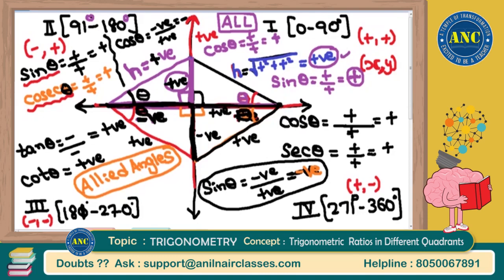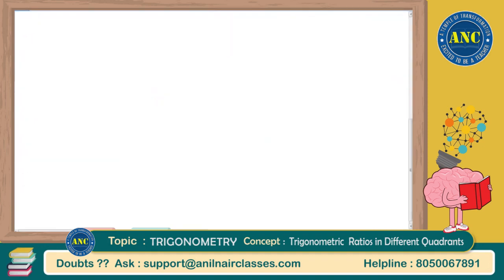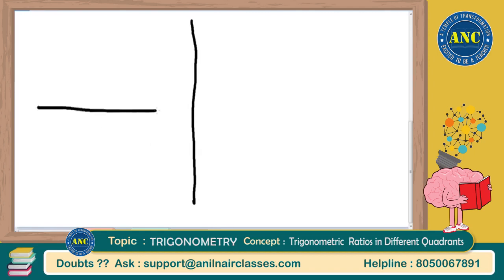Next, we will continue the same concept of allied angles to learn so many other things. Listen carefully. Now, I will rewrite these four quadrants. Listen carefully, sir. Again, we will learn something else to make our problem simpler.